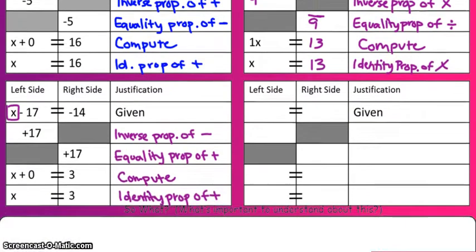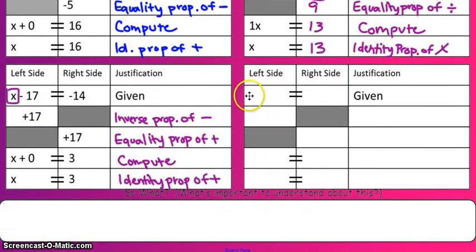Alright, let's go to our last example. On the left side here, we have x divided by 7 equals 11. That's what's given to us. In order to get rid of dividing, we have to multiply by 7. That's the inverse property of division.